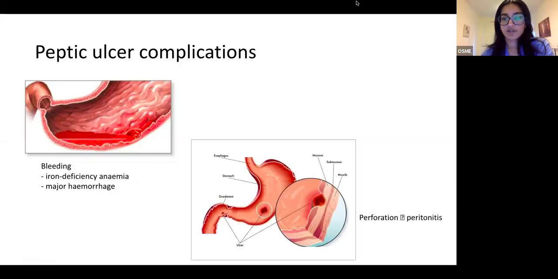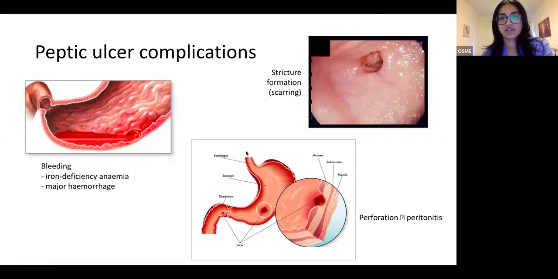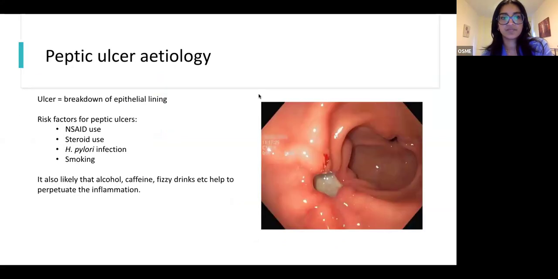It can also perforate, which can lead to peritonitis, very serious, and also form a stricture, which can lead to shrinkage and scarring over time as well. So in terms of the etiology, it's basically the same as gastritis. So this is quite a common trend with the pathologies we'll discuss in this lecture.